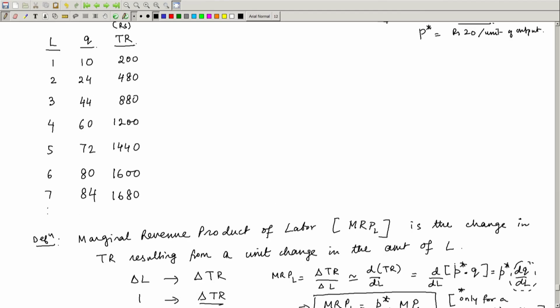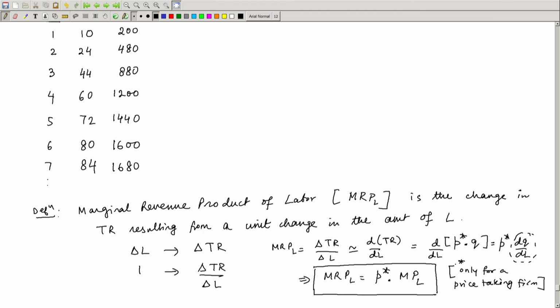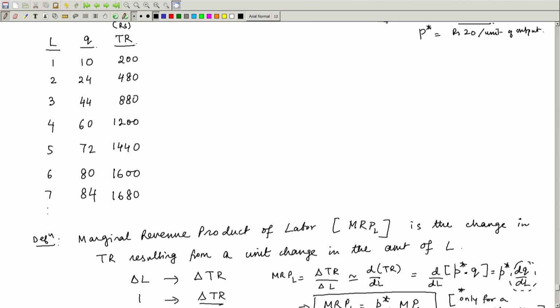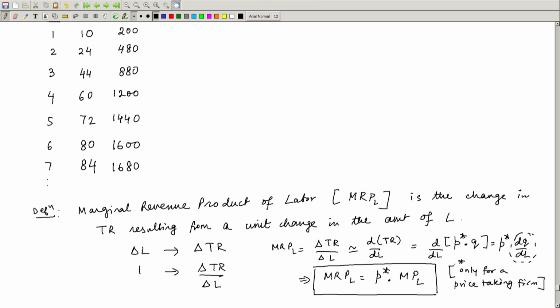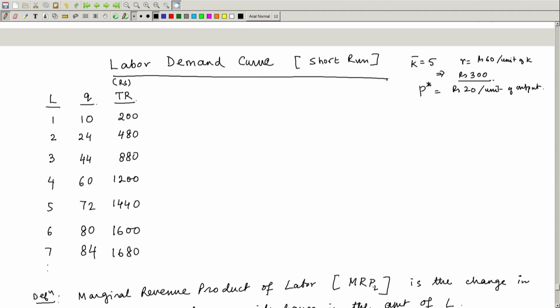Now, I will show you using both the rules. I will start with first principles, compute the value of marginal revenue product. I will also compute the marginal product of labor, then multiply it by the price and show you that they both are equal. So, let us start with first principles. Let me take marginal revenue product of labor.